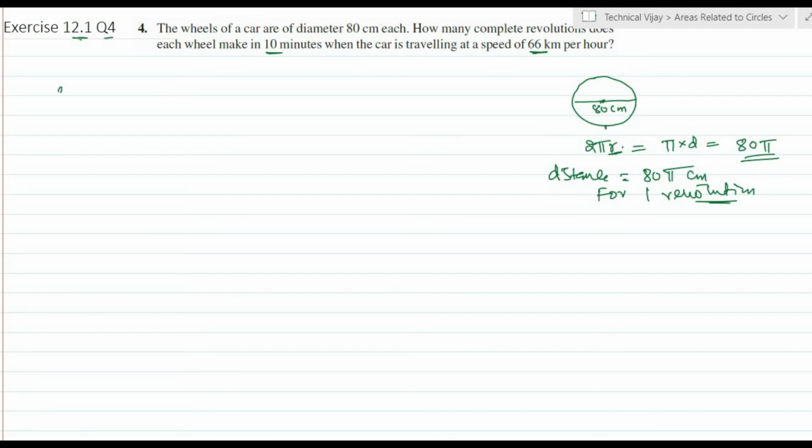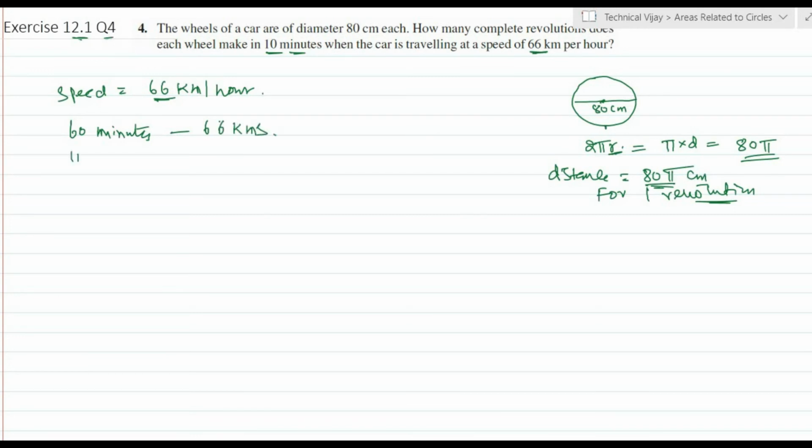Now the speed he has given is 66 km/h. For 10 minutes, how much distance is it going? For 1 hour, that is 60 minutes, the car goes 66 kilometers.